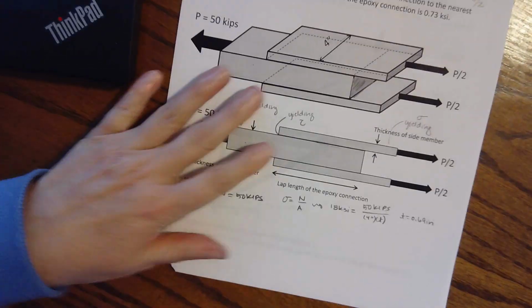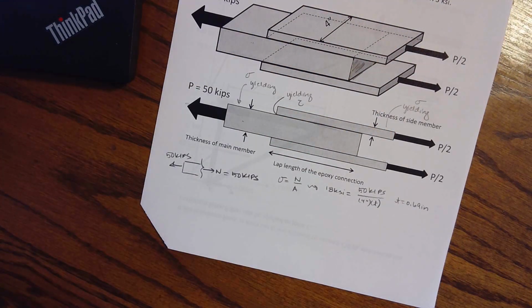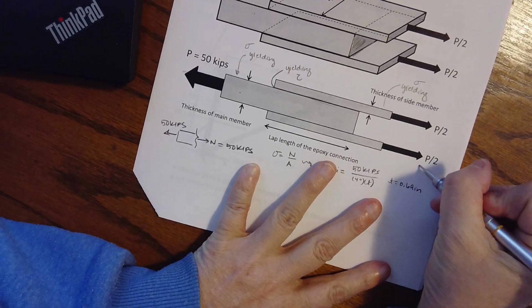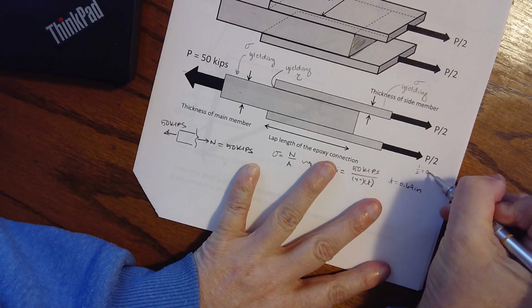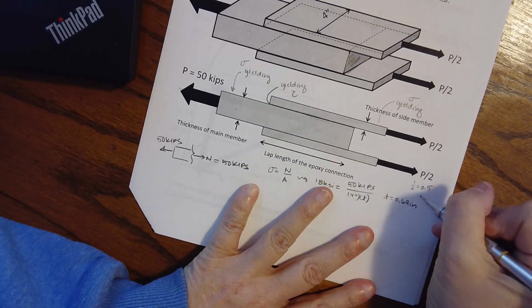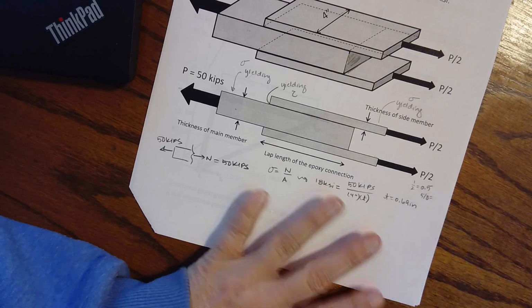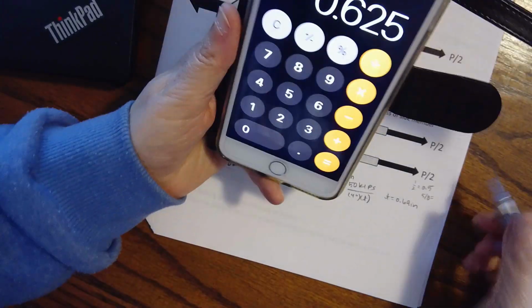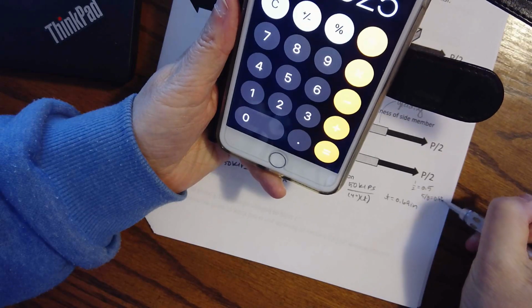And then it says that we want to have it to the nearest 1/8 of an inch. So this is how I do it. That's above a 1/2 inch. So if I have a 1/2 inch, it's 0.5. So that would be the same thing as 4/8. So then 5/8 is going to be 5 divided by 8 equals 0.625.